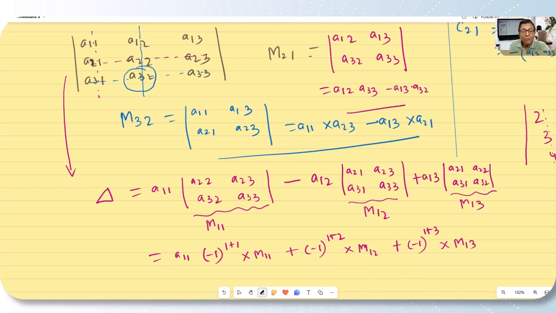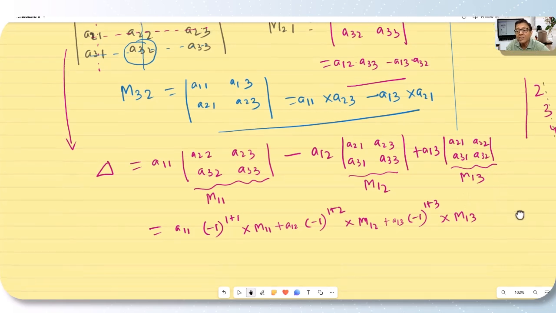Wait a minute, I forgot to multiply this. A12 is there, no? We must write A12. So if this is corrected, we write A12 minus 1 to the power 1 plus 2, A13 minus 1 to the power 1 plus 3.